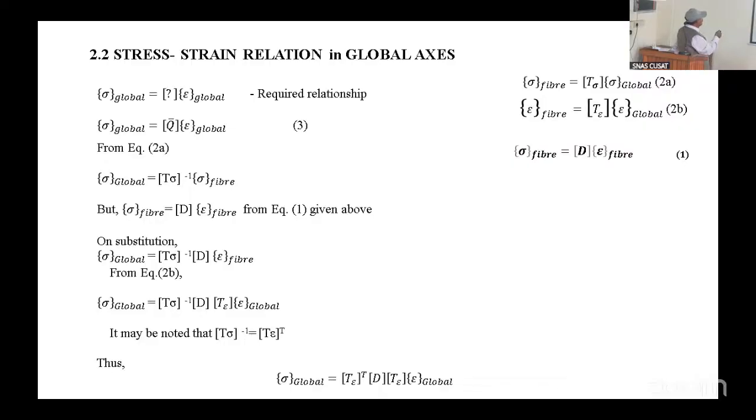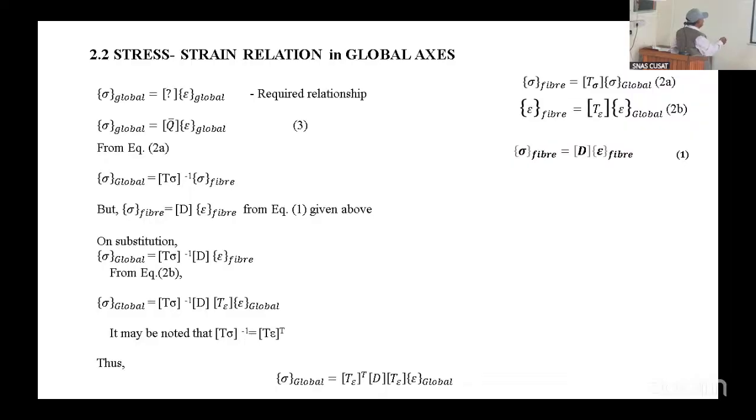Now you see this thing, sigma global is equal to T sigma inverse of sigma fiber. But sigma fiber is equal to D into epsilon, so you substitute it there.